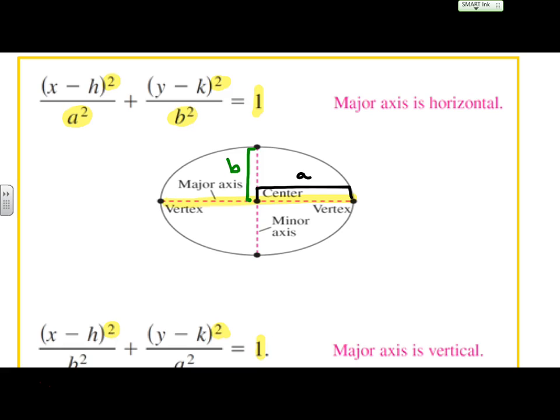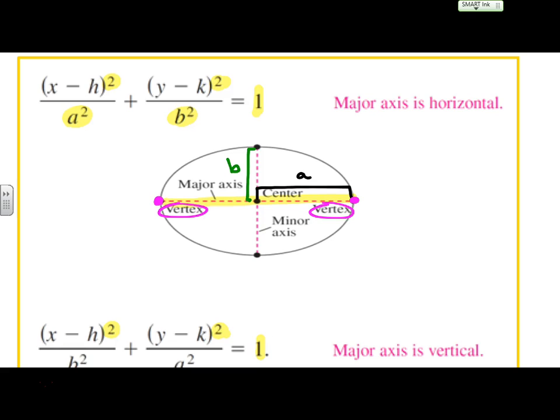Other terms you should probably highlight or take note of. The vertices of an ellipse are the points on the outermost part of the ellipse at the ends of the major axis only. I guess you could say there are minor vertices and major vertices, but if they ask for the vertices, they're asking for both ends of the ellipse along the major axis.